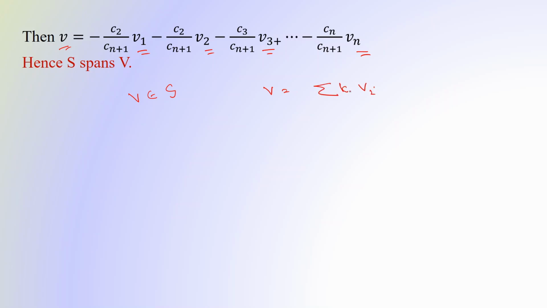Let's say I will take Ki for this representation. So S spans V, because any vector in V can be written as a linear combination of members of S.